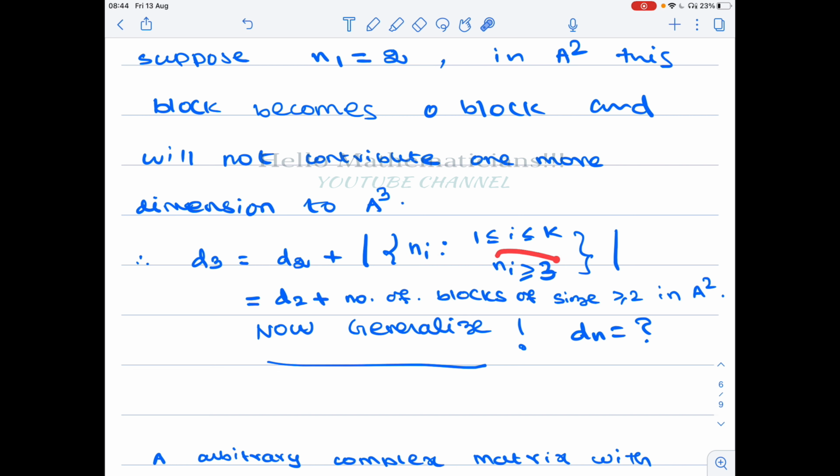If it has dimension 3, then when it goes to A square, it will be a 2 by 2 kind of block. So that block will not become 0 if it is a block of size at least 3. When you look at the same block in A square, that block will not become 0. Therefore, in the next step also it will contribute to the nullity. Therefore, we get the nullity of A cube equal to the nullity of A square plus the number of blocks in A.